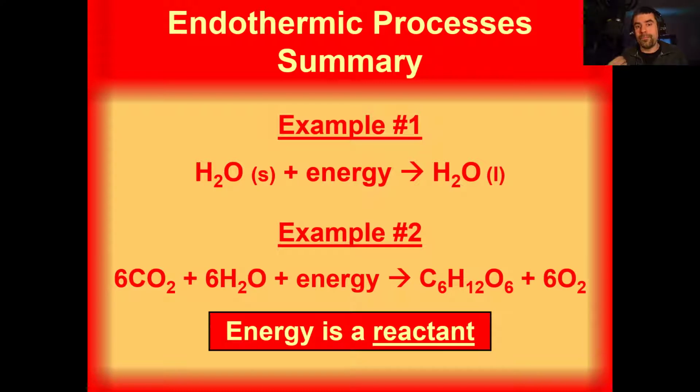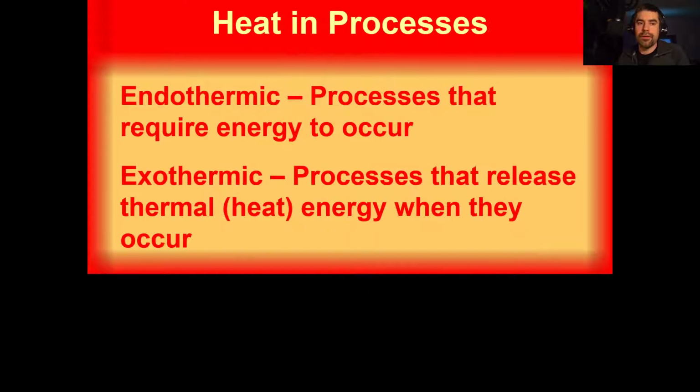So when you see numbers in a chemical equation, you will know that that is telling you about the heat energy that is required for the reaction. All right, so we've looked at endothermic processes, the processes that require energy to occur.